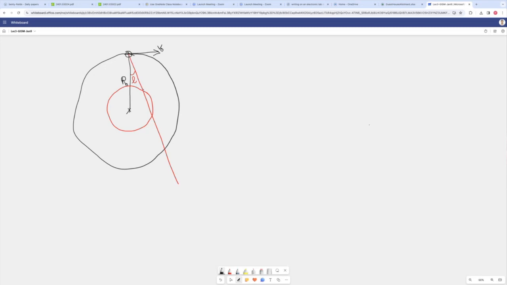So this is the cloud that we are interested in.